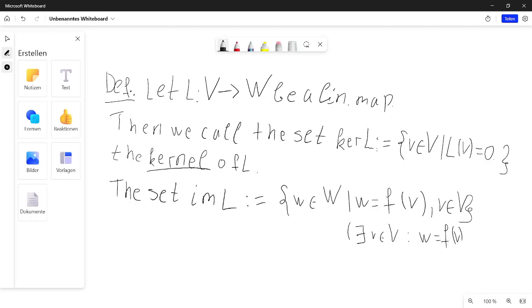So this condition that defines this set is actually written like this, probably not exactly like this, but you understand what I mean, right?